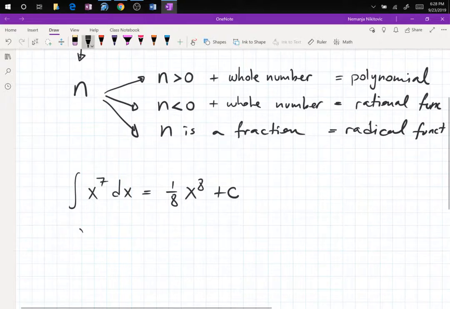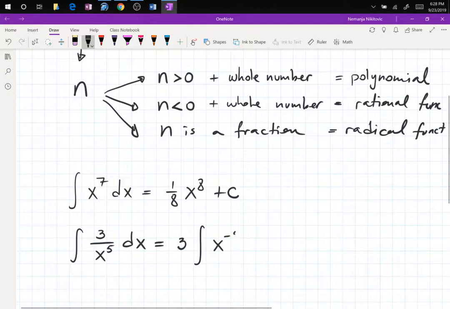Now the second one is if you have, let's say, the integral of 3 over x to the 5 dx. Well, you can kick 3 outside of the integral, and you have x to the minus 5 dx. So it's still the same formula, even though the function was not a polynomial. The function was a rational function, but we were able to rewrite it in such a way that we can use the same formula as for polynomials.